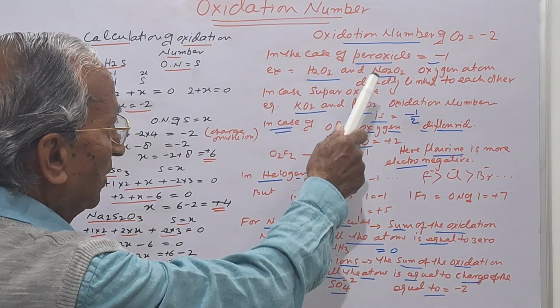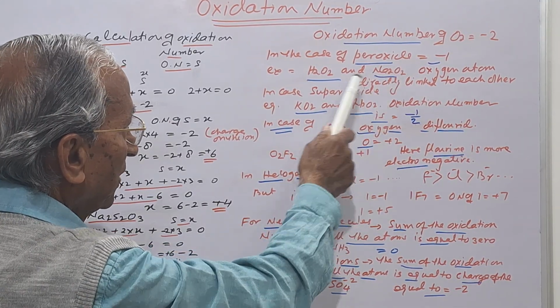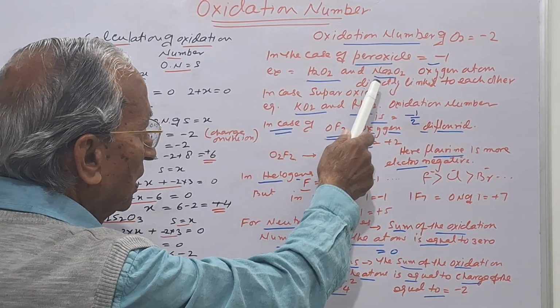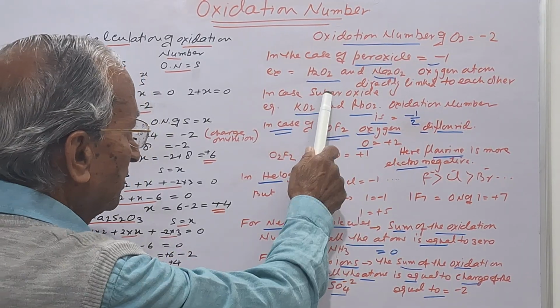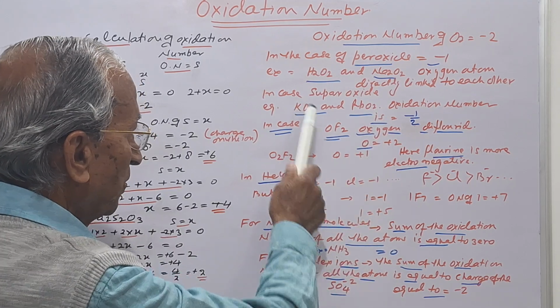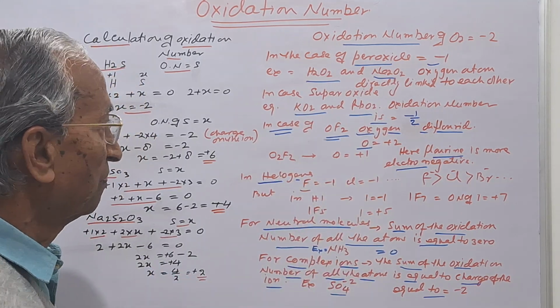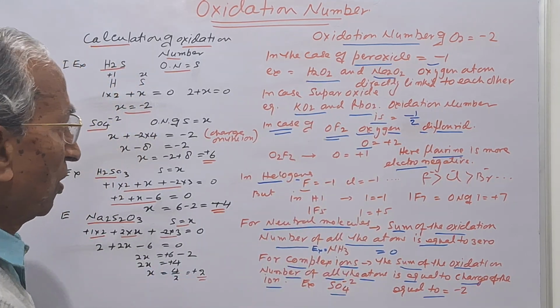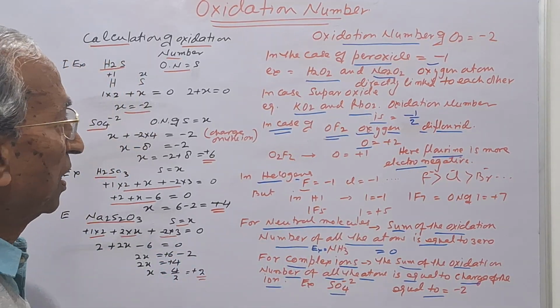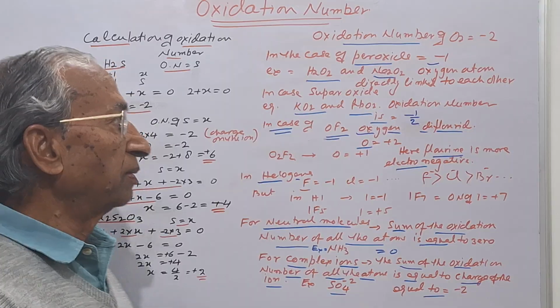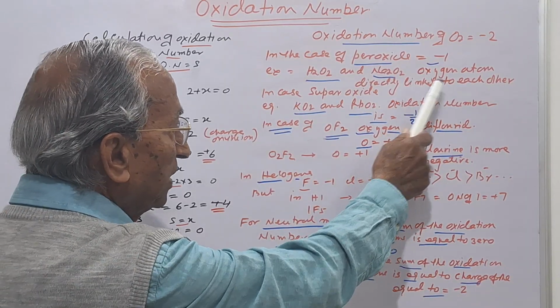Examples of peroxides are H2O2 and Na2O2, and of superoxide, potassium dioxide. In the peroxides and the superoxide, it was found that the oxygen atoms are directly linked to each other.